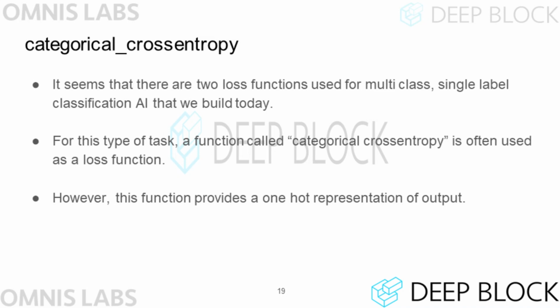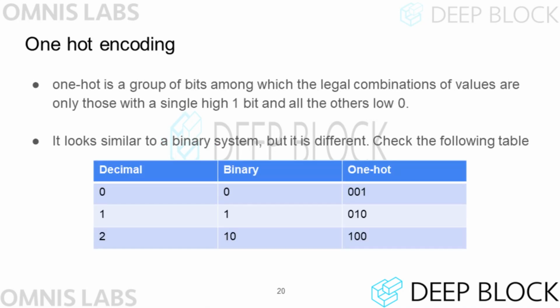However, if you use the categorical cross-entropy function, you need to define the answer data in one-hot encoding format when training the neural network. One-hot encoding is a way to represent any number with 0 or 1. It's a little different from binary, but if you look at the diagram on the screen, you can easily understand how one-hot encoding represents numbers.